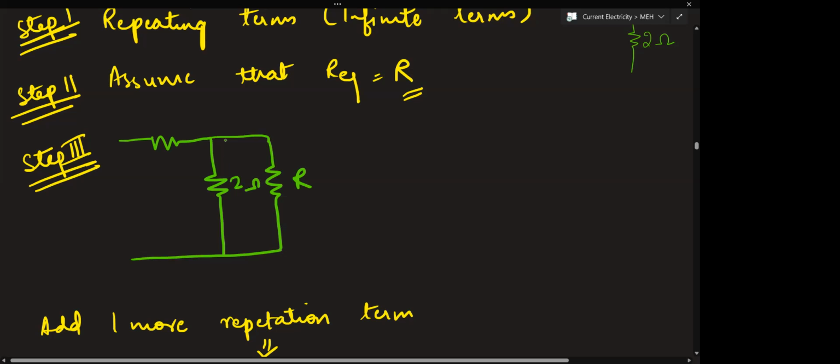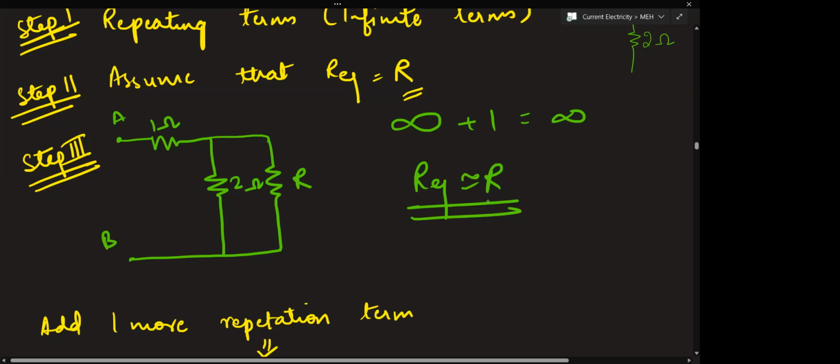This was 2 ohms, this was 1 ohm, point A, point B. Infinity is such a huge number, and adding one more term is like adding 1 to infinity. That will give you infinity only. If you add one more term, R equivalent will still be approximately R.